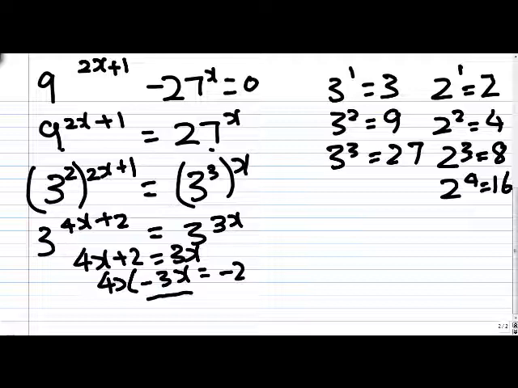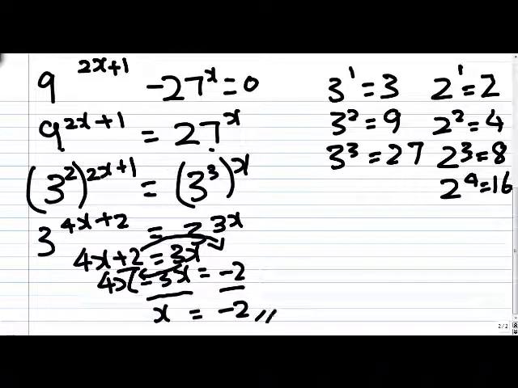I shifted positive 2 to the right hand side of the equation, and since I've just shifted positive 2 to the right hand side, I get a negative 2. So 4x minus 3x equals x equals negative 2. There you go.